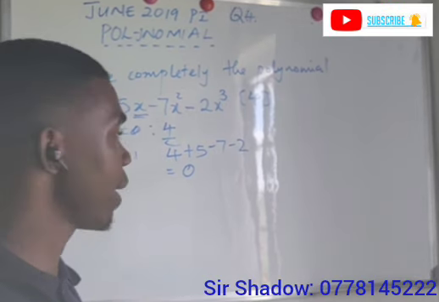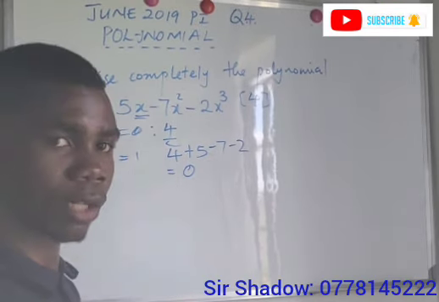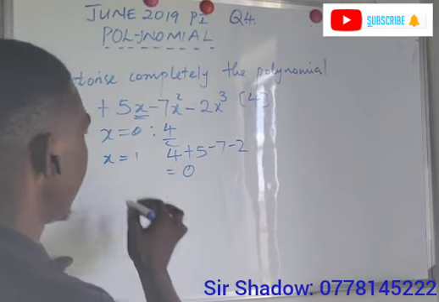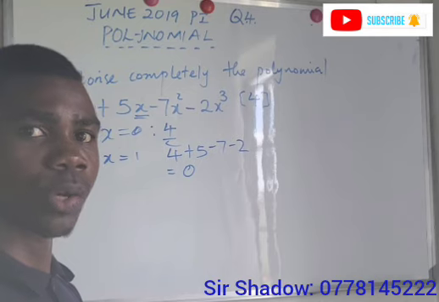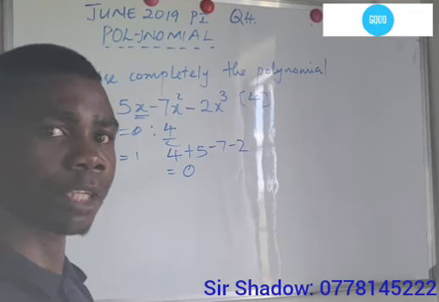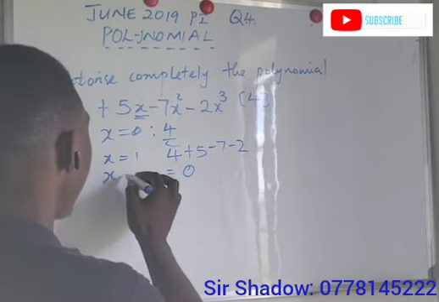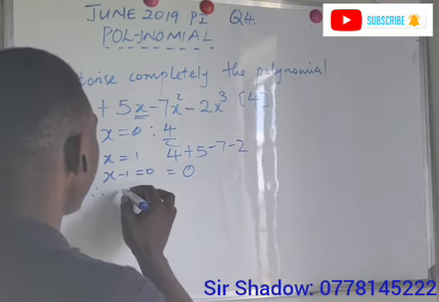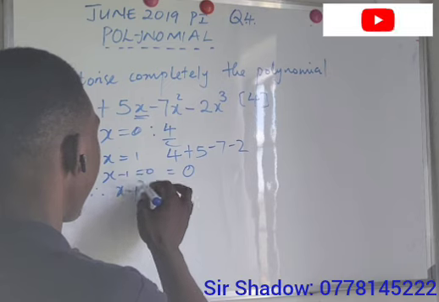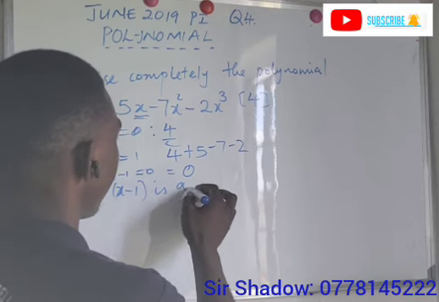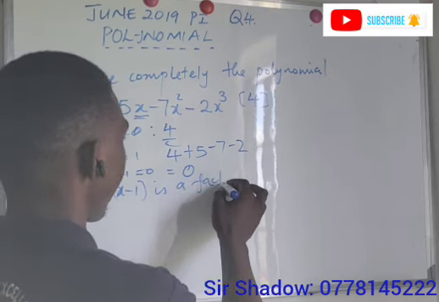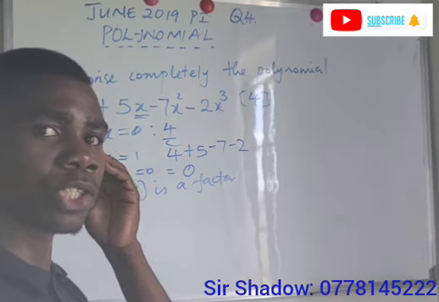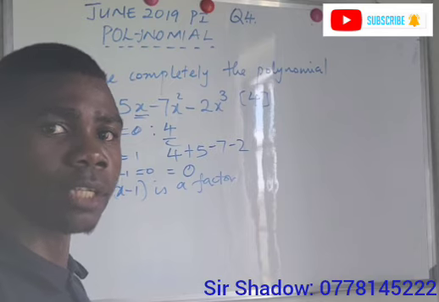Therefore, we make it a factor by equating to 0: x minus 1 equals 0, so x minus 1 is a factor.